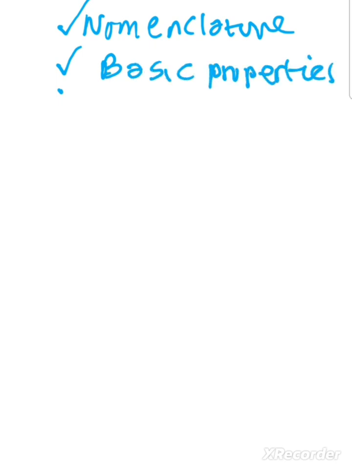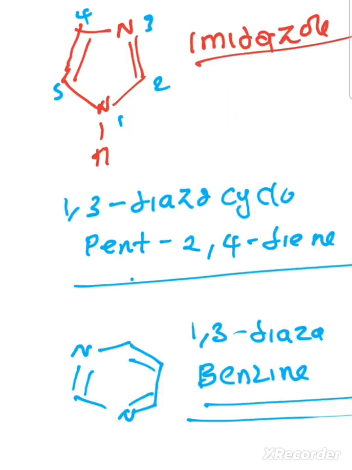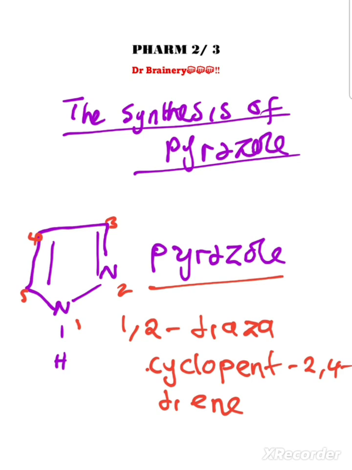You also need to understand their basic properties, so that you are able to differentiate these basic properties among the three of them. Then you also need to know the synthesis, how you can synthesize these. In short, you need to know the mechanism for these compounds: pyrimidine, imidazole, and pyrazole.